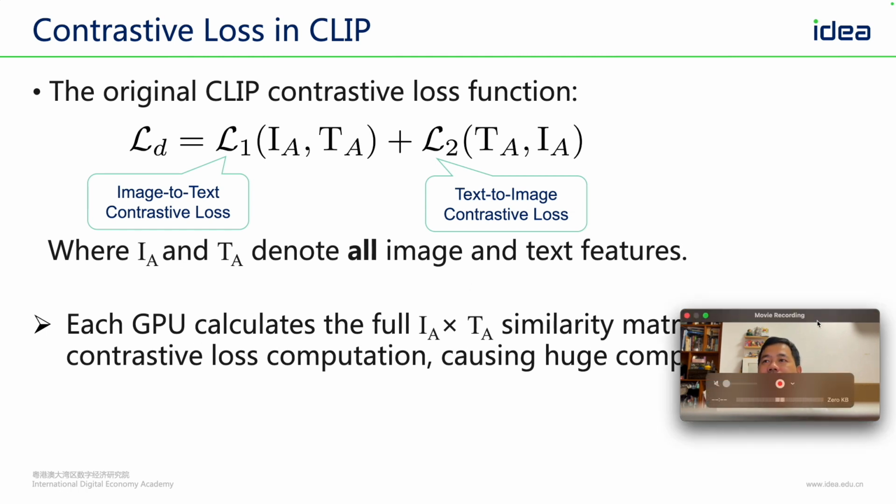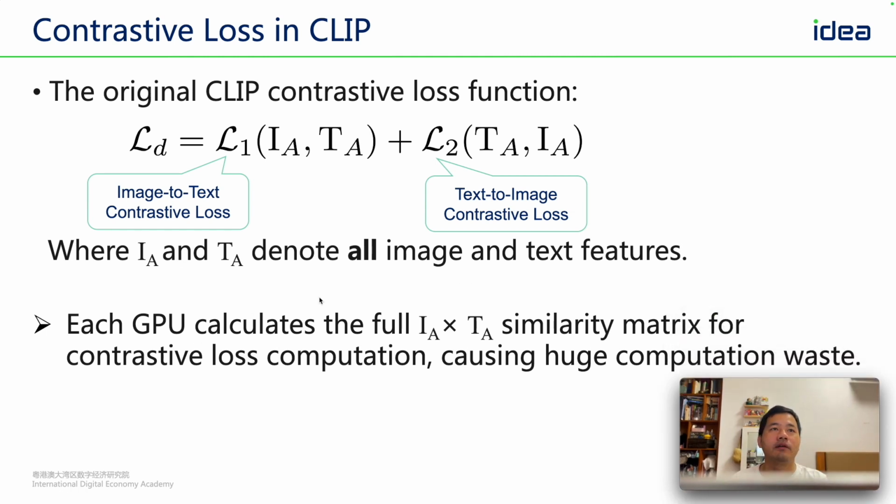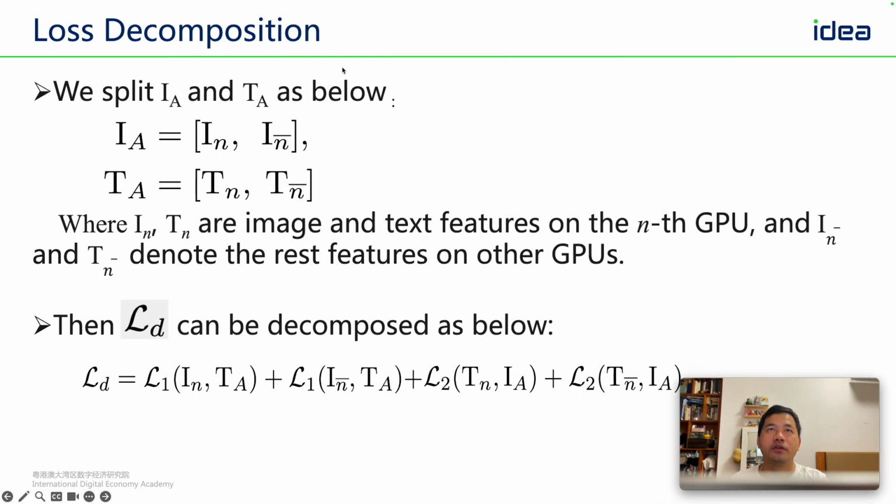And for each GPU, you will calculate the full IA times TA similarity matrix for the contrastive loss computation. It will waste a lot of computation. So to see how we can improve CLIP, we can look at the gradient flow. Let me define some concepts.